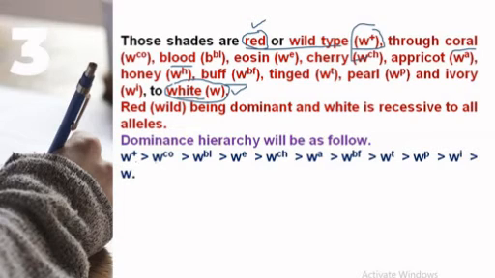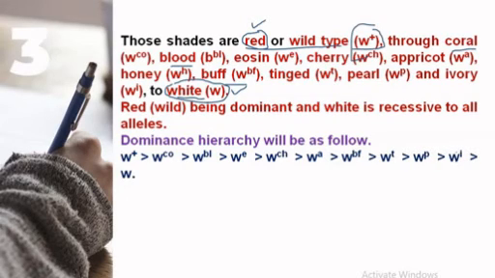W plus is greater than W CO, meaning W plus is dominant to W CO. W CO is dominant to blood, blood is dominant to eosine, eosine is dominant to cherry, cherry is dominant to apricot, apricot is dominant to buff, buff is dominant to tinged, tinged is dominant to pearl, and pearl is dominant to ivory.